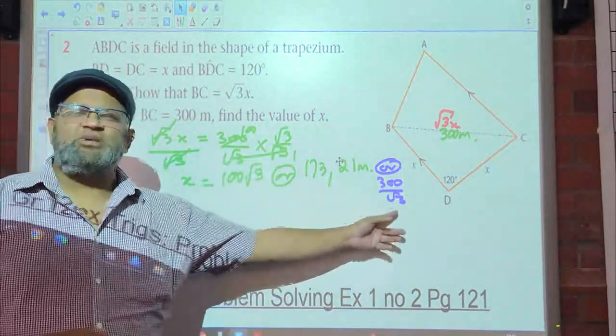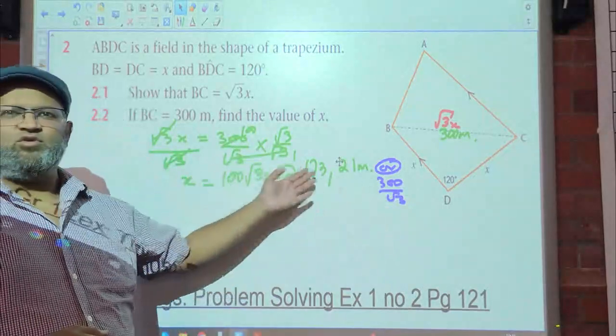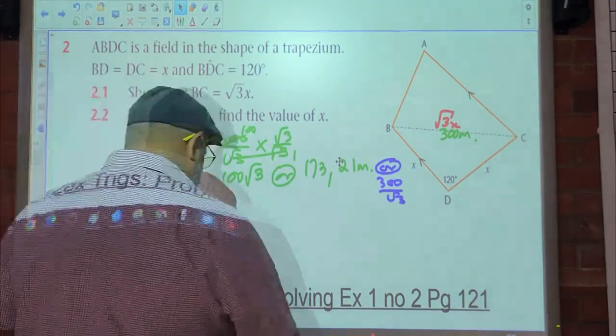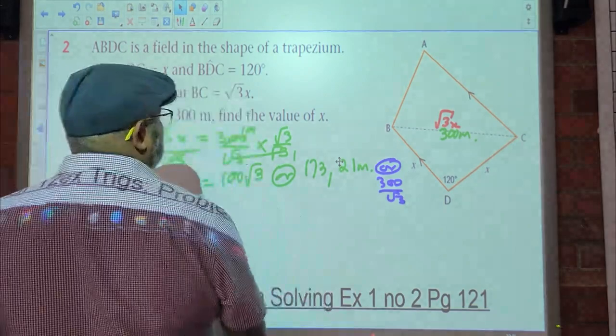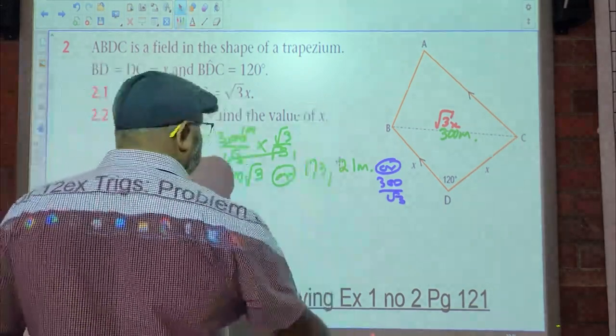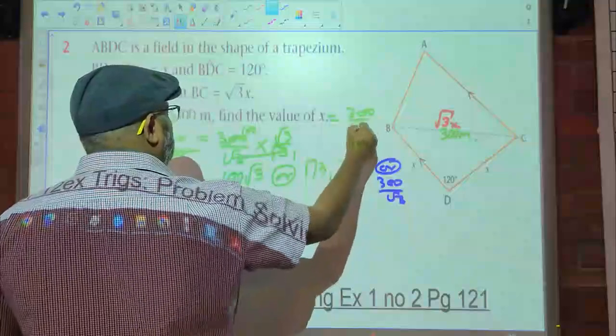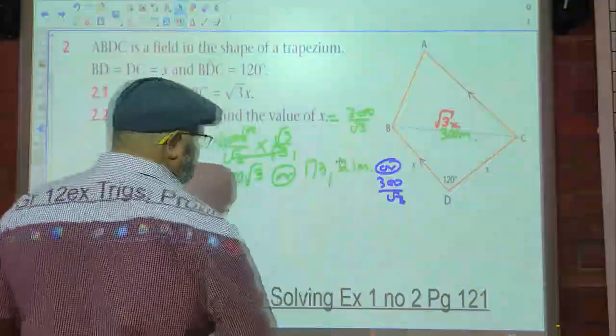However, if they didn't specify, you can do anything you want to do, as you normally do. So, of course, x is going to be 300 over root 3.